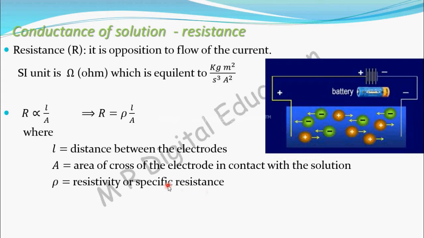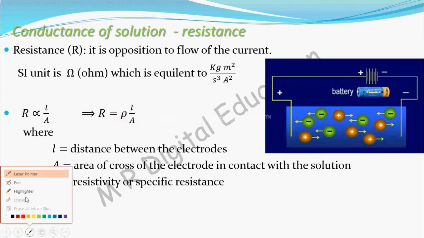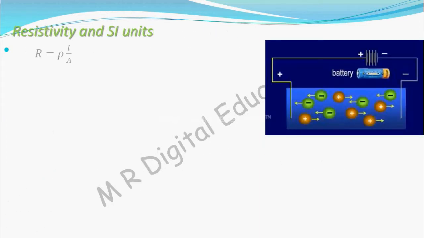Rho is resistivity. Now see what this resistivity is in this equation, and its SI unit.